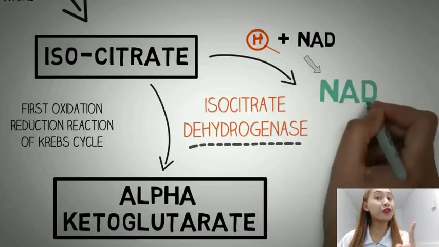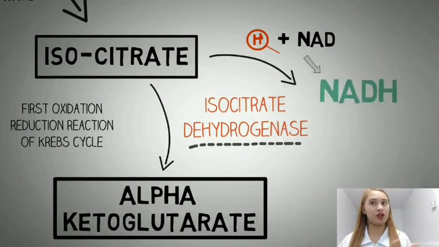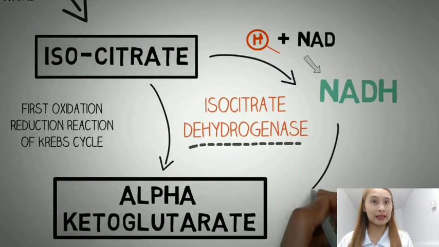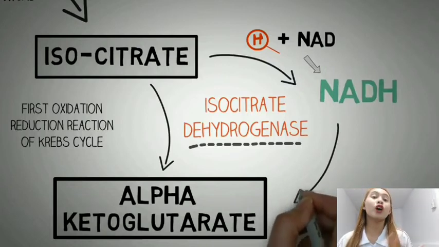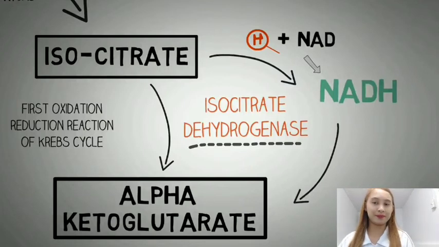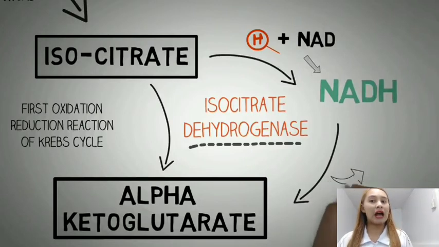So that is our first NADH product. In addition to this reaction, a carbon atom is removed from the isocitrate in the form of carbon dioxide. So this leads to the formation of a 5-carbon compound called the alpha ketoglutarate.